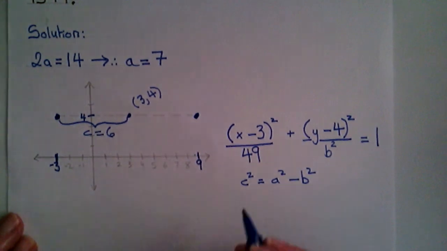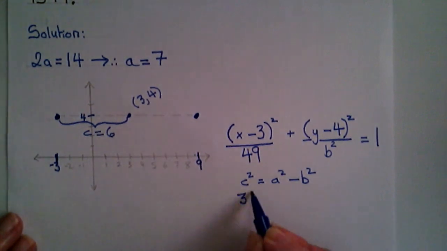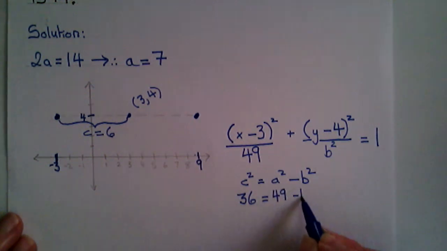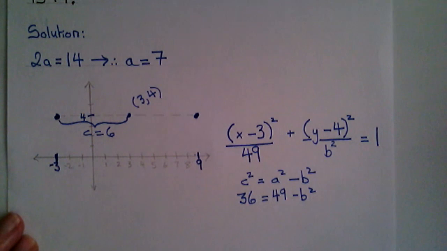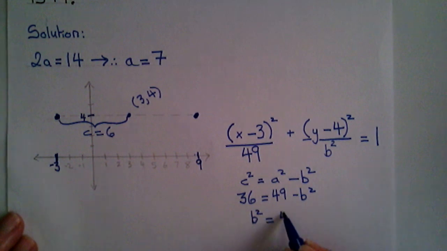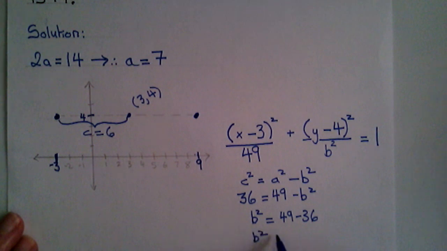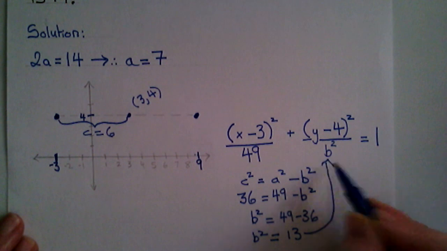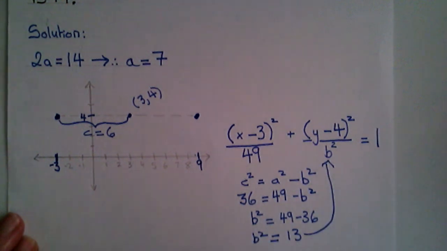So I've got 36 is equal to 49 minus b squared. To find b squared, 49 minus 36, b squared is equal to 13. So we can now put 13 into the b squared there.